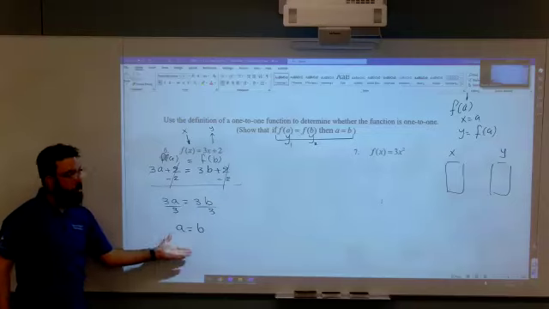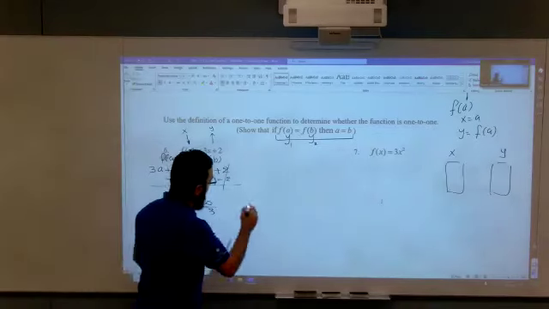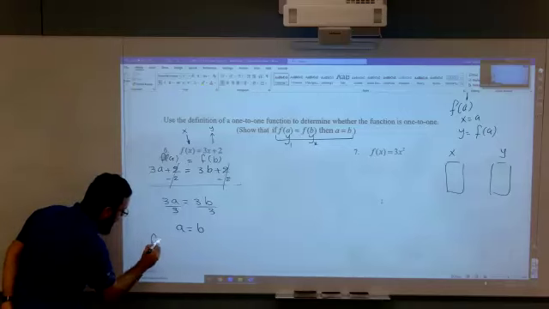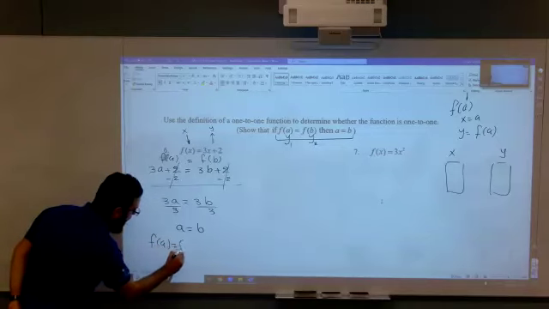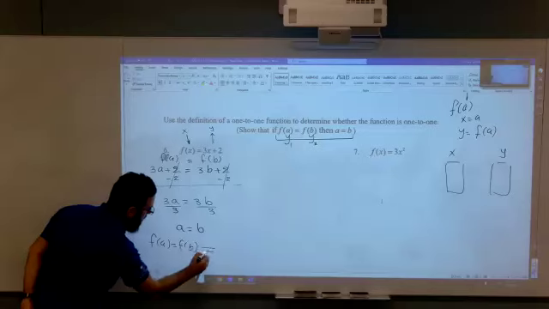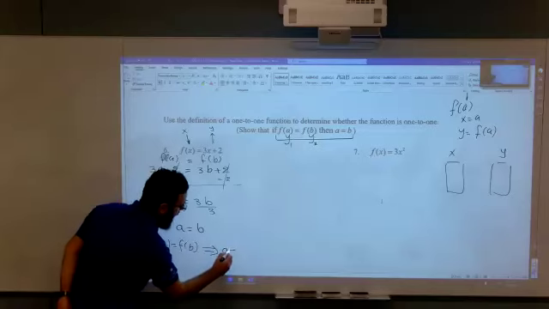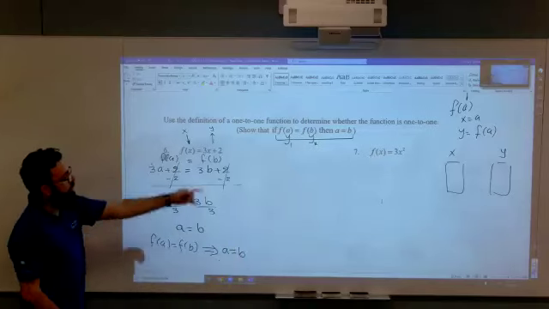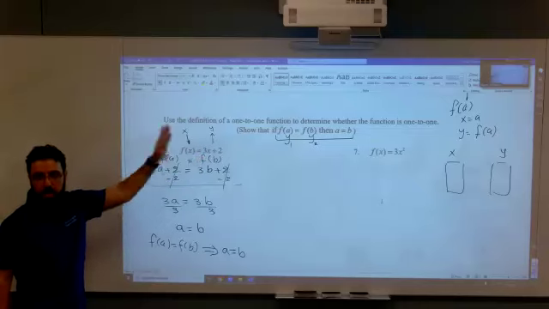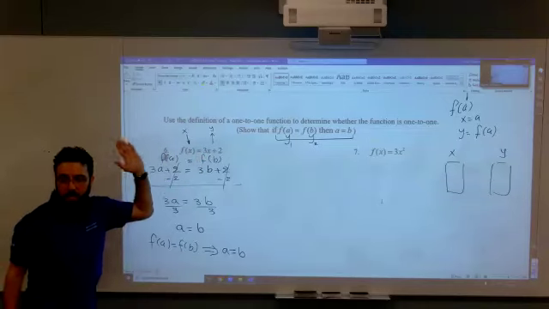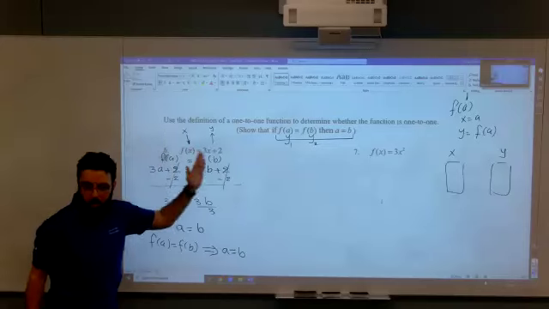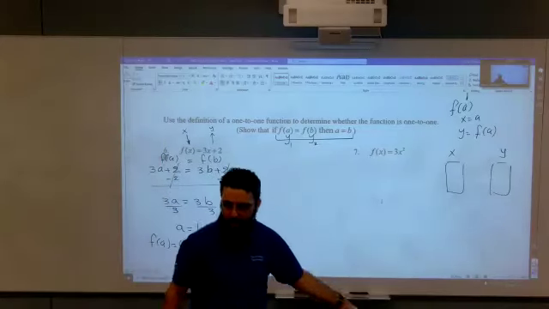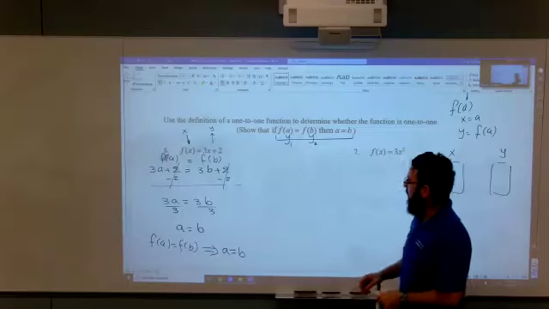Yes, A equals B. So we proved that if f of A equals f of B, it gives me A equals B, which is the condition being satisfied. This is a one-to-one function, okay? Is that okay?